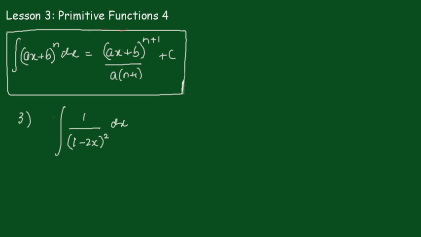Okay, and finally this one. Yes, you have to write that again in the index form. That's equal to the integral of (1 minus 2x) to the negative 2 dx. Applying the rule, that will be (1 minus 2x). Careful with the signs.